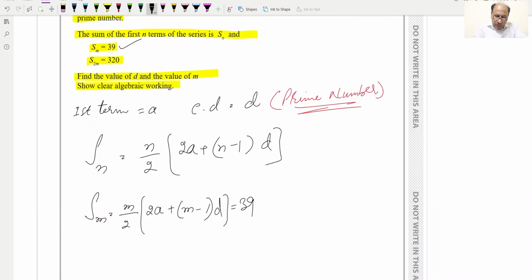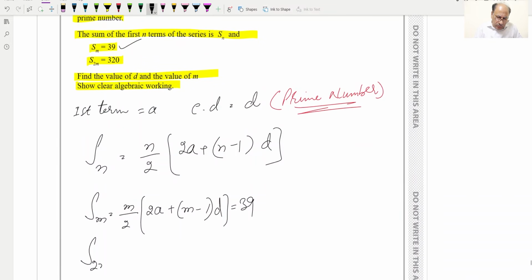So what we can do, this implies we can multiply inside, and the 2 will be cancelled. We can keep this as it is, and we will write S2m basically.